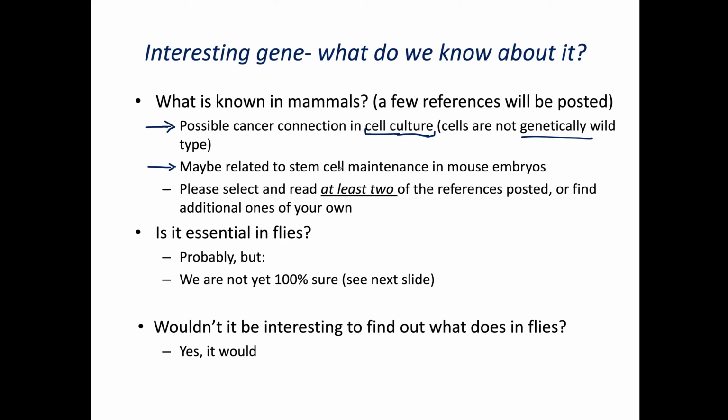You get a cut or some sort of damage. The stem cells in the skin will produce more cells that can be differentiated into skin and will help you with your healing process. There are even stem cells in the nervous system, and there are people that are working to try to activate those when, for example, there's a spinal cord injury, something like that. And so this was done in living organisms, and you might find that really interesting.